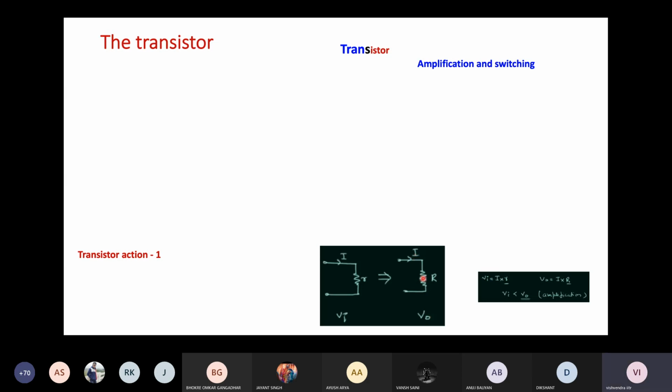The current is the same I, and the output resistance is capital R. So Vo is I times capital R. If we divide the second equation by the first equation, Vo divided by Vi will be capital R divided by small r. And if capital R is larger than small r, then the output voltage is more than the input voltage, which means we have achieved amplification.